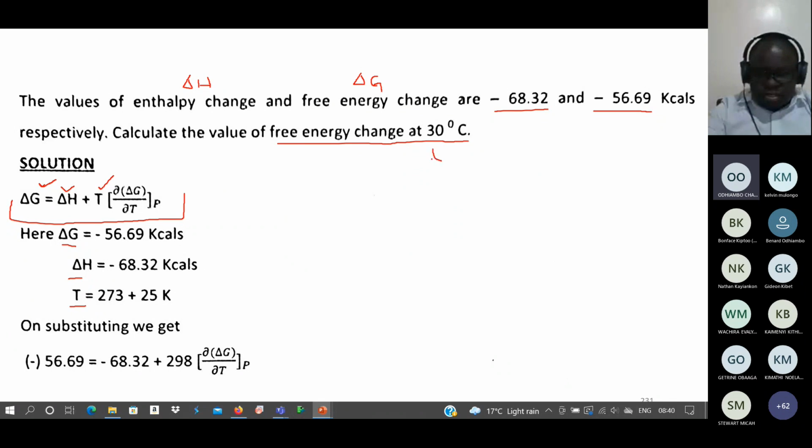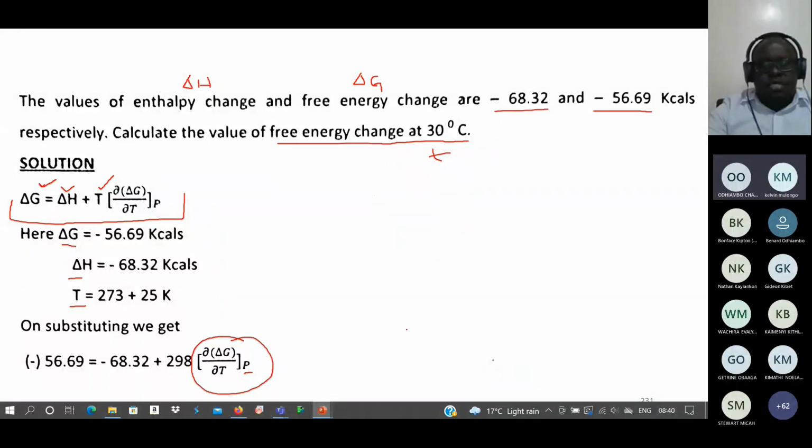If it was small t, then that is in degrees Celsius. I hope that one is established by now. So when you substitute these values into this expression, we get minus 56.69 equals minus 68.32 plus 298 times change in delta G with temperature at constant pressure. So we want to find this.